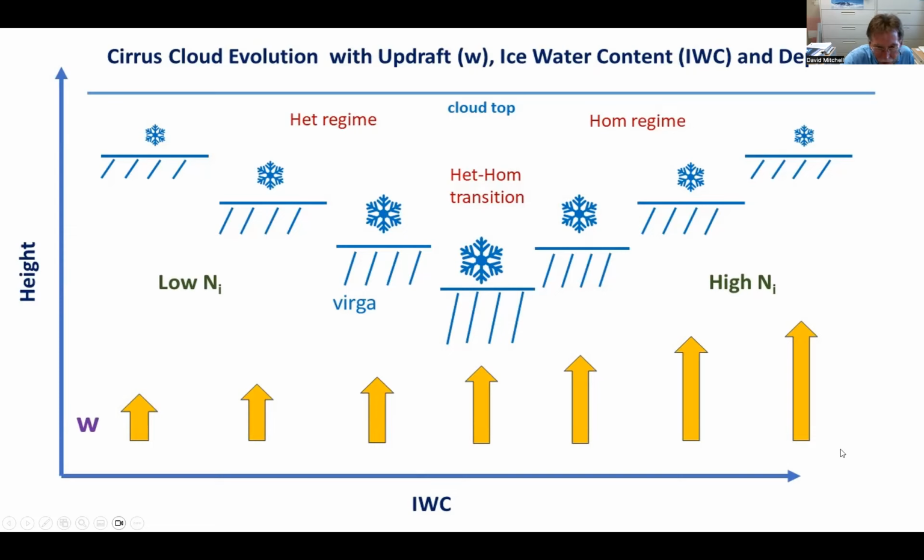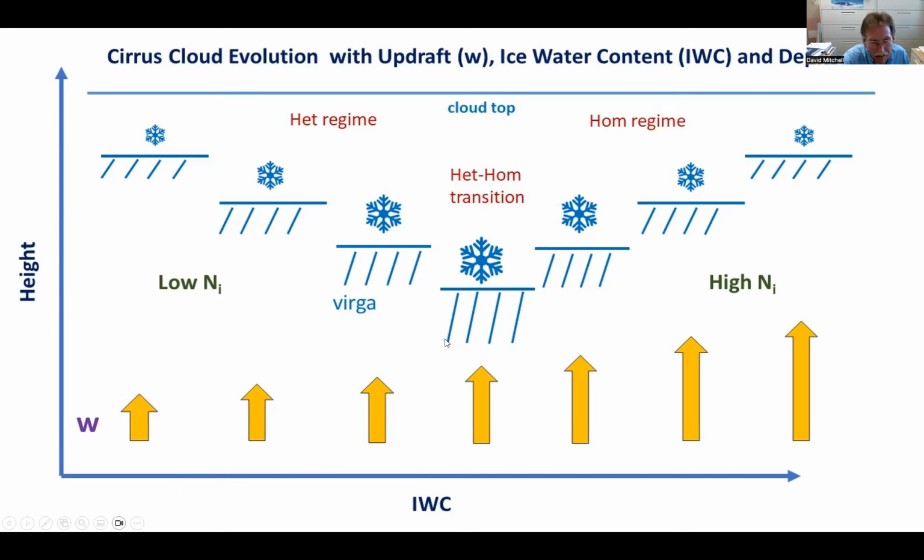So they're both increasing from left to right, and we're going from heterogeneous cirrus clouds into a homogeneous regime. There's a transition right around the median ice water content, so that previous plot is relevant here. This is around the median ice water content in the middle, and that's where you get this transition from het to home.